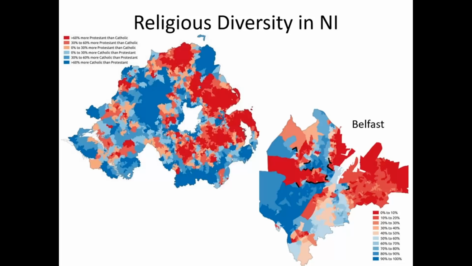And even within Belfast, you would see certain areas like the Shankill or East Belfast that are very, very strongly Protestant. And on the flip side, you would have areas like South Armagh, Newry, big chunks of Derry, which would be predominantly Catholic or nationalist areas. And oftentimes these are literally one street across, or within a very short period of time, you move from a nationalist area into a unionist area, a Protestant area into a Catholic area.